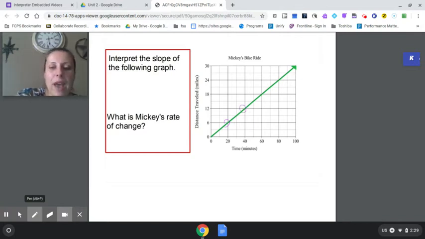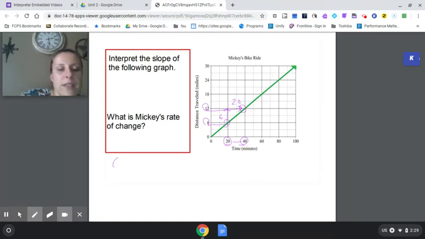I'm going to go ahead and use rise over run. You could use the slope formula if you'd like instead. So we see that the rise goes from 6 to 12. So that's a difference of 6. So we're rising 6. And then the run, we are going from 20 to 40. That's a run of 20. Okay, rise over run.